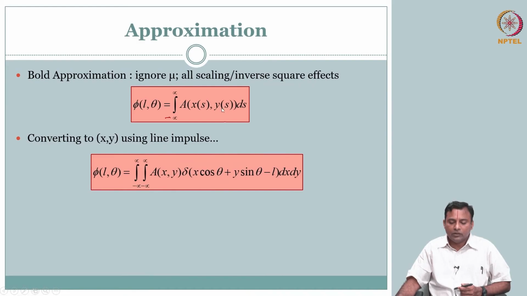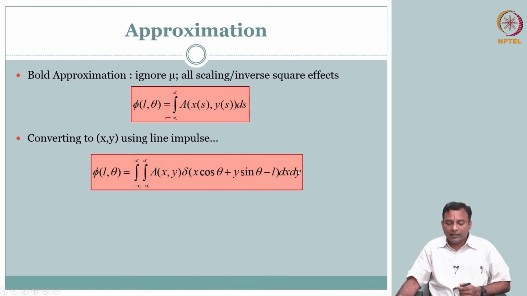This is again the S to x comma y conversion, which we have done before as well. So you can write phi of L comma theta as the integral of a of x y, where you have used the delta function to pick that line.